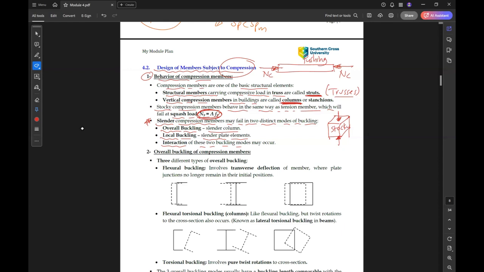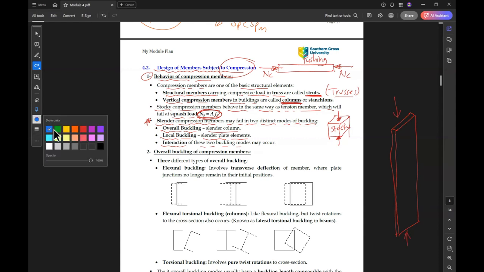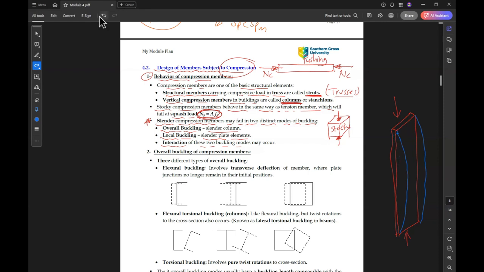Okay, so as you know, if we draw it here, if we have a thin element under compression, due to the slenderness of this member, this column will buckle in this direction as an example. So this is the column.